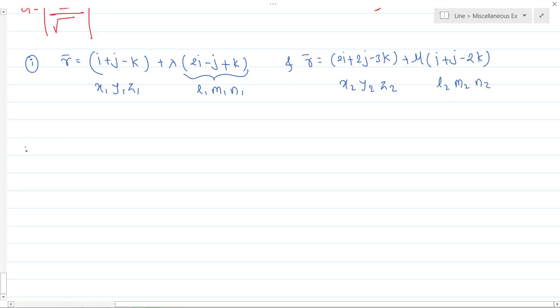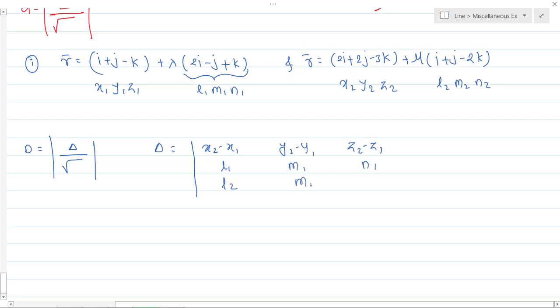Now let's use the formula. D equals del divided by the big root. First let's find del. It is x2 minus x1, y2 minus y1 and z2 minus z1, and here we have l1, m1, n1 and l2, m2, n2.